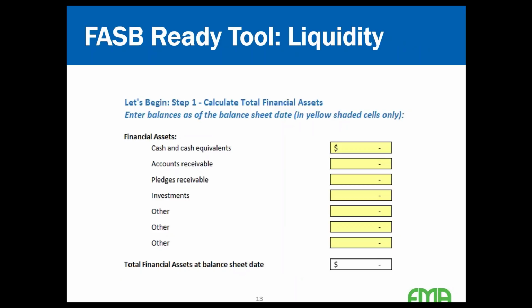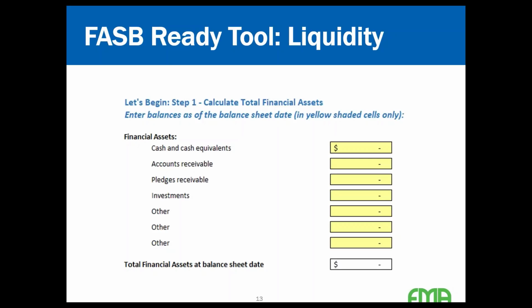It's longer than this. In our first step in our calculation, we're going to calculate, as of the balance sheet date, our total financial assets. Now, of course, this is going to be different for each organization. And the tool sort of guides you through some decision points and understanding what are the financial assets for our nonprofit. Okay?